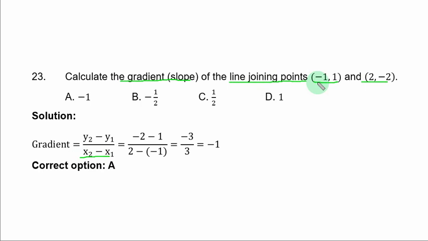That is X1 is -1, Y1 is 1, X2 is 2, Y2 is -2. If you put all of that in the formula, you have it in this form. When you simplify, you have -3/3. When you divide, you have -1. So A is the correct option.